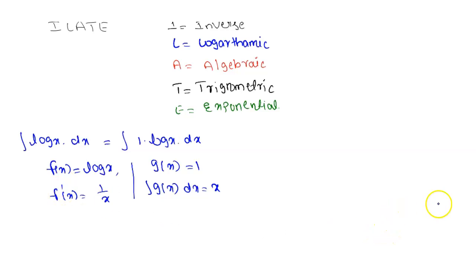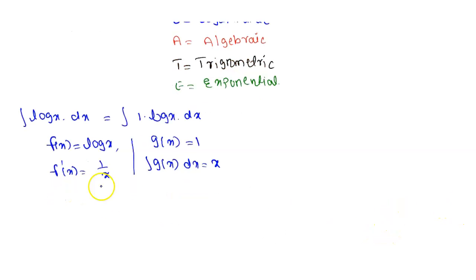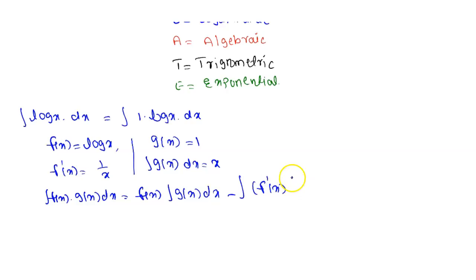So what is our formula? Integration of f of x into g of x dx is equal to f of x into integration of g of x dx minus integral of f dash of x into integration of g of x dx, whole dx.